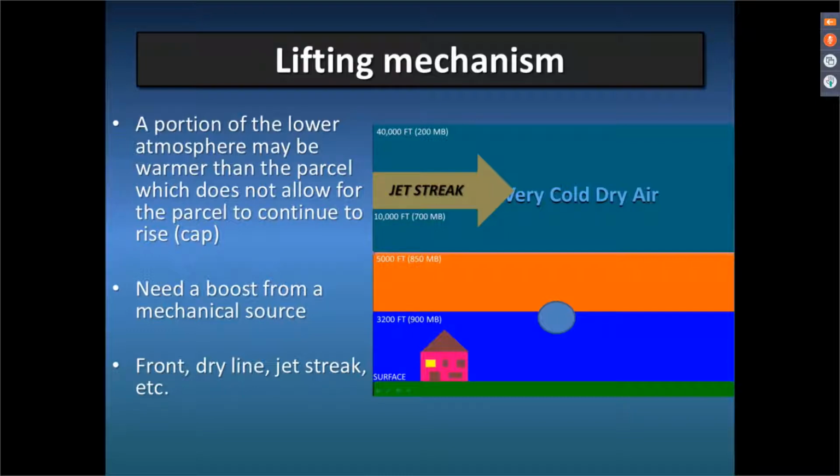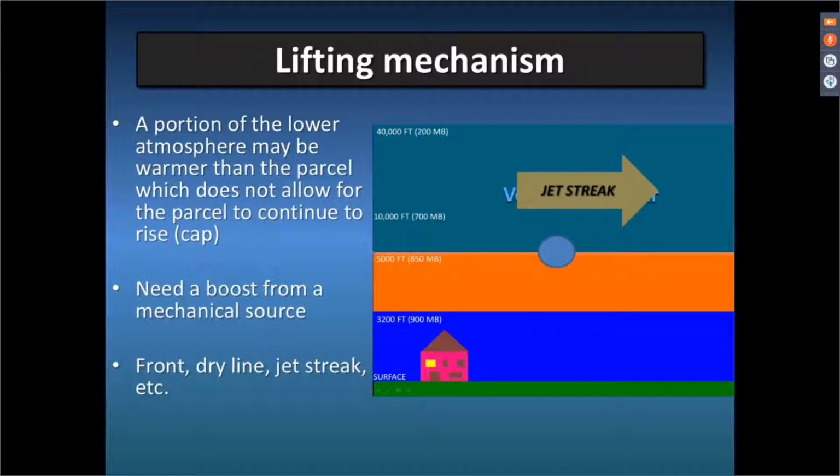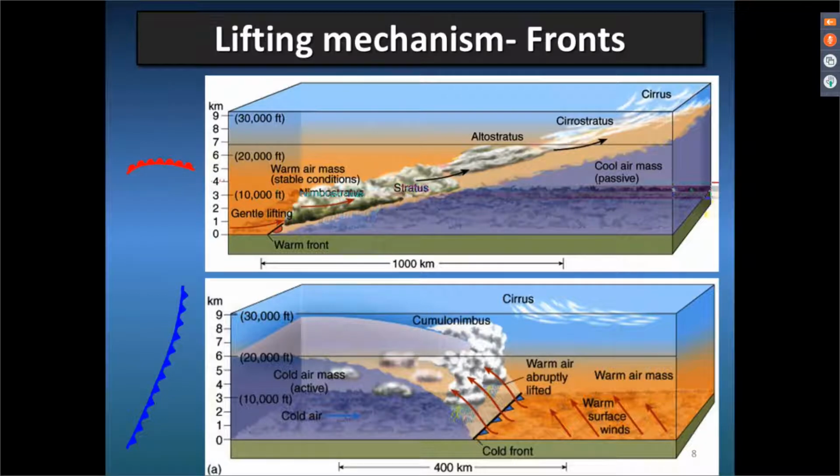That causes the air beneath it to rise through the atmosphere, and that can be a source of lift for thunderstorms. And of course, you all know cold fronts and warm fronts also lift air through the atmosphere, and that lift from those fronts can help develop thunderstorms as well. And in fact, here's a diagram of a warm front at the top and a cold front at the bottom.